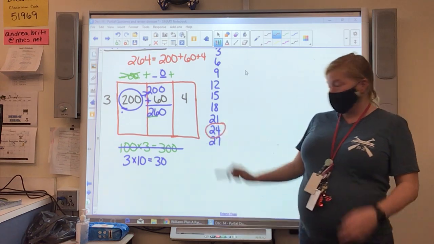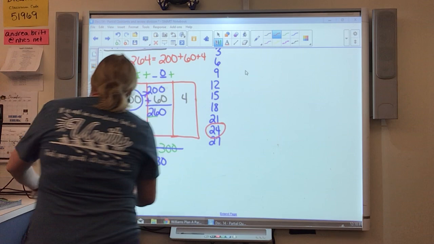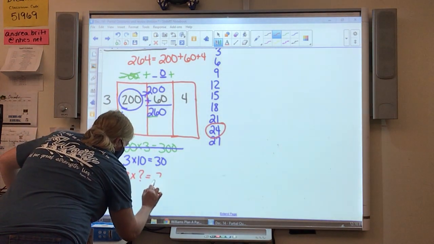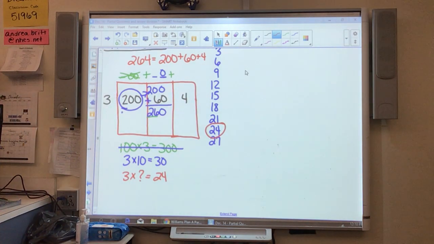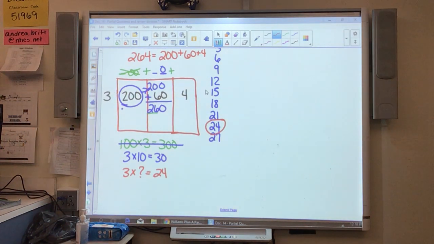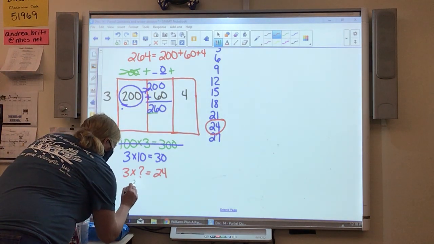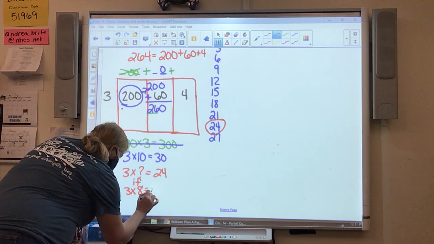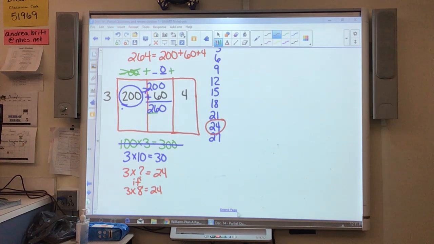So I'm going to think about that number and say to myself, 3 times what number equals 24? 8. So if 3 times 8 equals 24, then what?